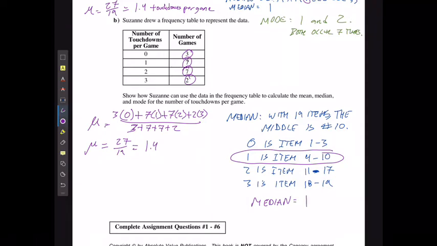And the easiest one is going to be the mode. Mode is 1 and 2.